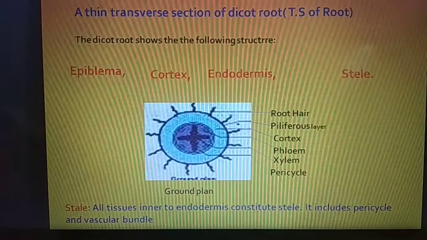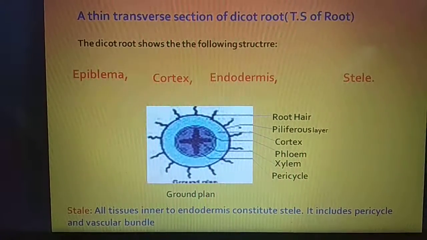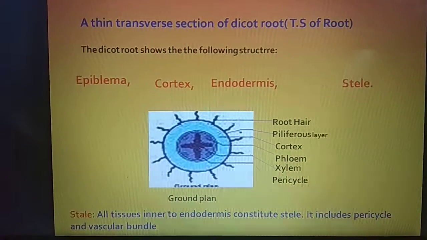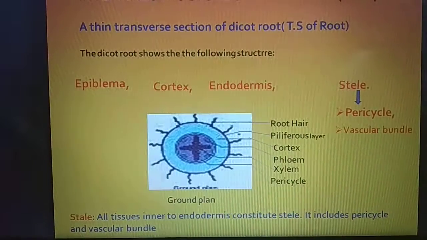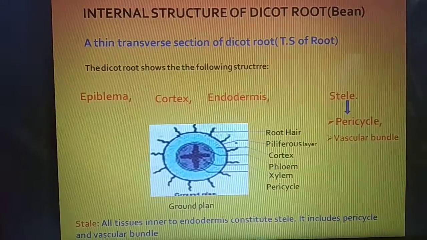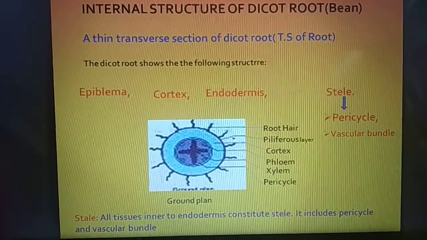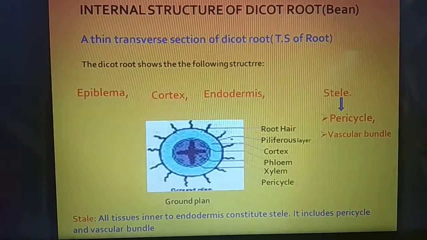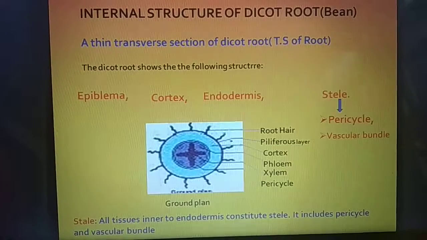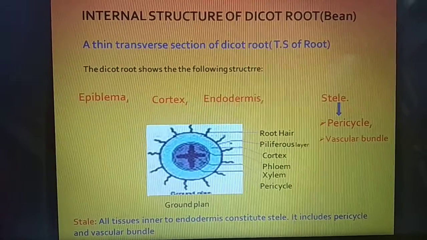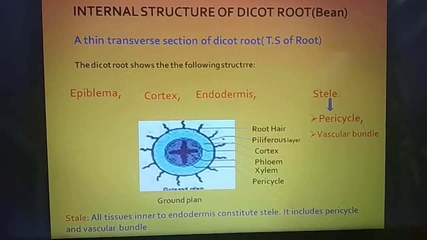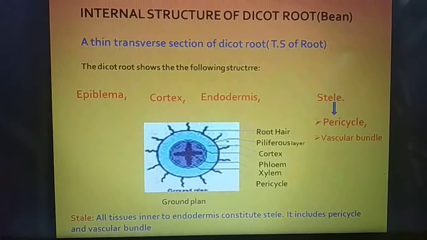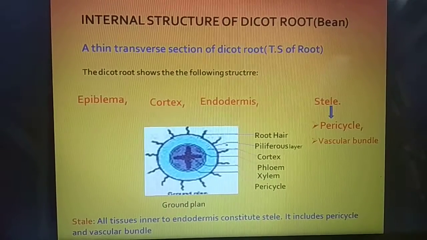Next to the endodermis are the pericycle, vascular bundle and pith, together called stele. Pith is also there, but in dicot root, pith is absent when the plant has grown up and matured. When the plant is young, pith is present, but in monocot, the matured plant is not having pith.